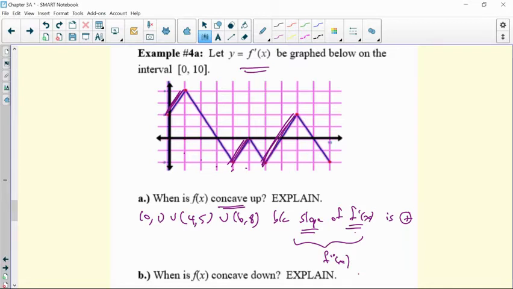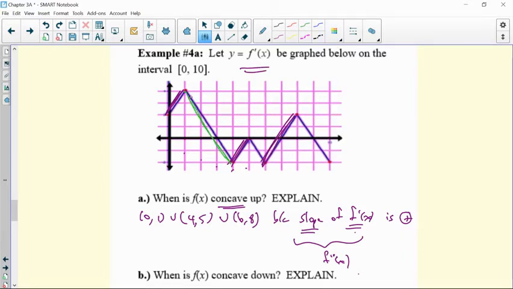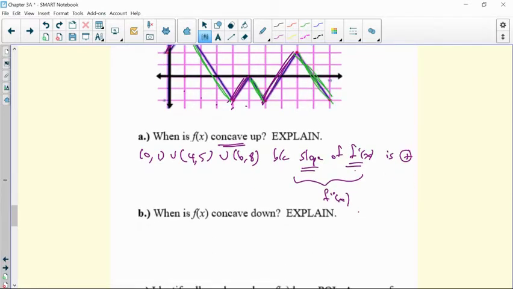Concave down, let that slope be negative. So now we're talking from 1 down to 4, and then from 5 to 6, and then also from 8 to 10. And how do we know?